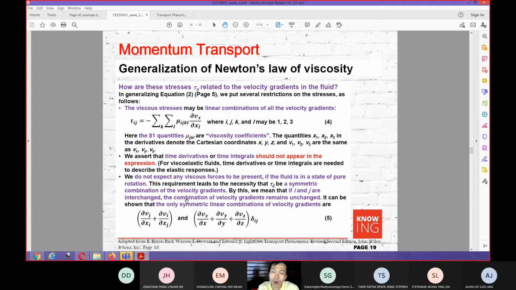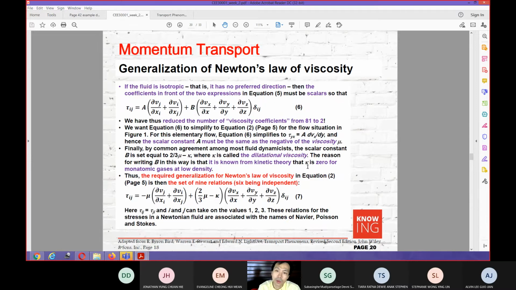So the only possible combinations of the velocity gradients within the equation should be this one, or this one, or this one plus this one. By doing that, we conclude that your shear stress should be represented by the equations shown here, in equation 6. In doing these things, we have reduced the number of viscosity coefficients from 81 to 2.